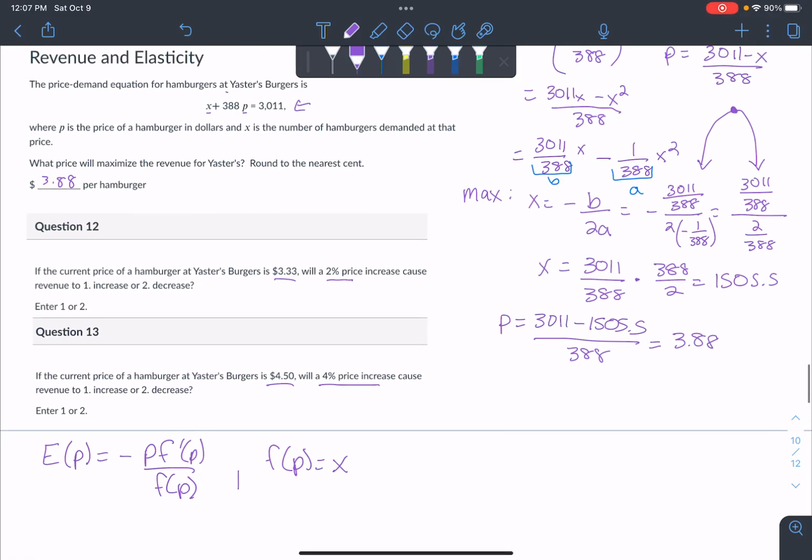Starting from our original price demand, if I want X by itself, I just need to subtract out the 388p from both sides. So I get 3011 minus 388p. So that is my X in terms of p.